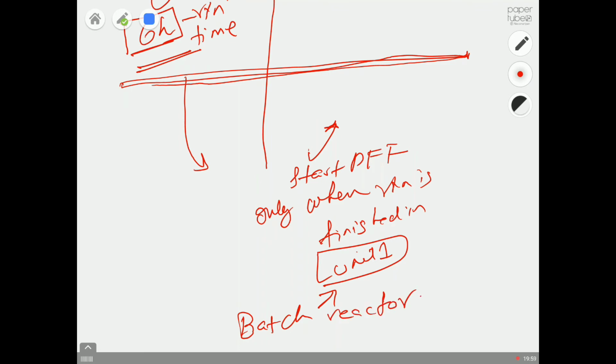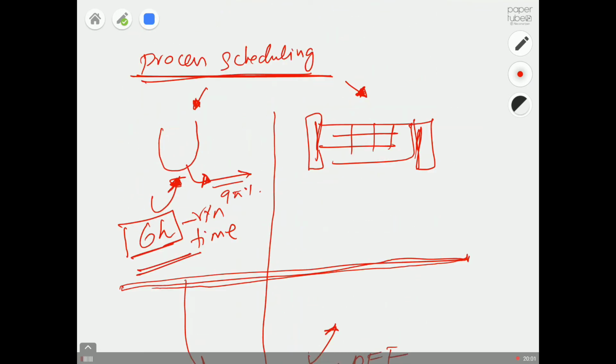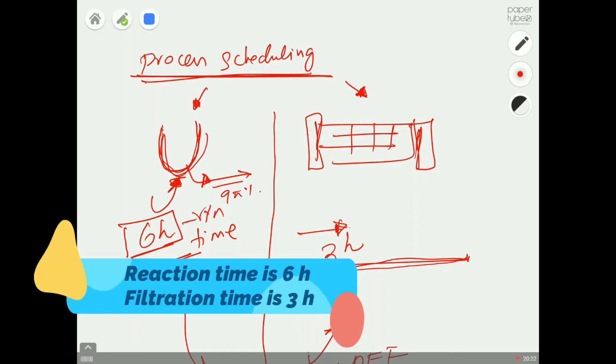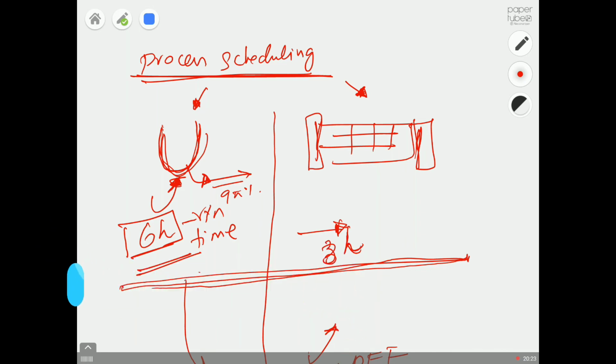Obviously we have some 6 hours of reaction time, and then filtration will be carried out, we will do the filtration process for some amount of time. Let me check the time involved. Okay, so reaction time is 3 hours and your filtration time is 3 hours.